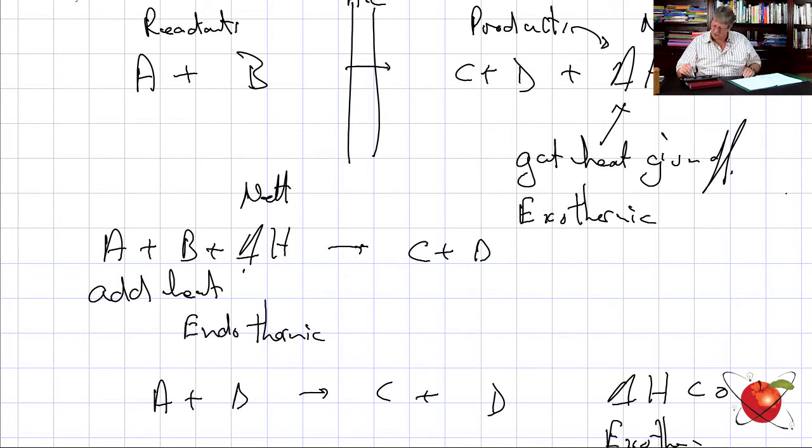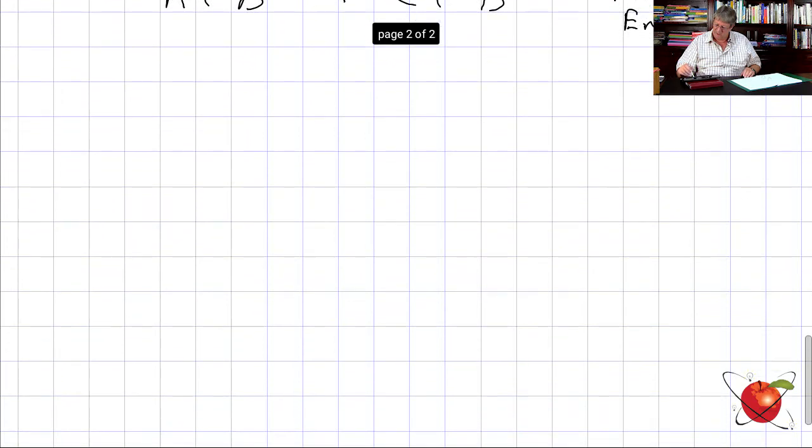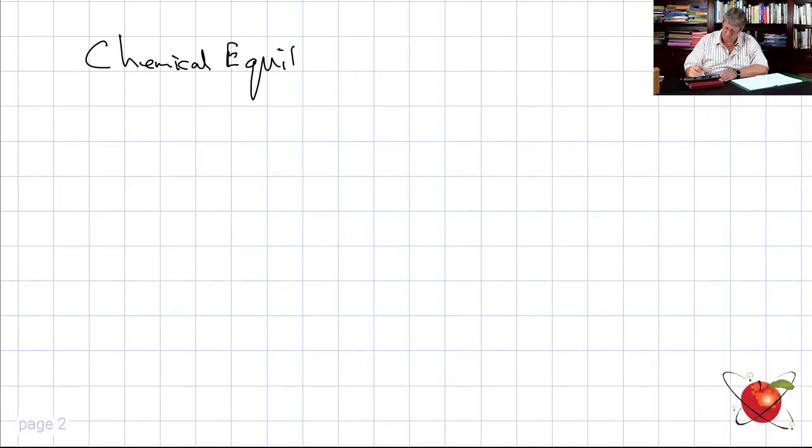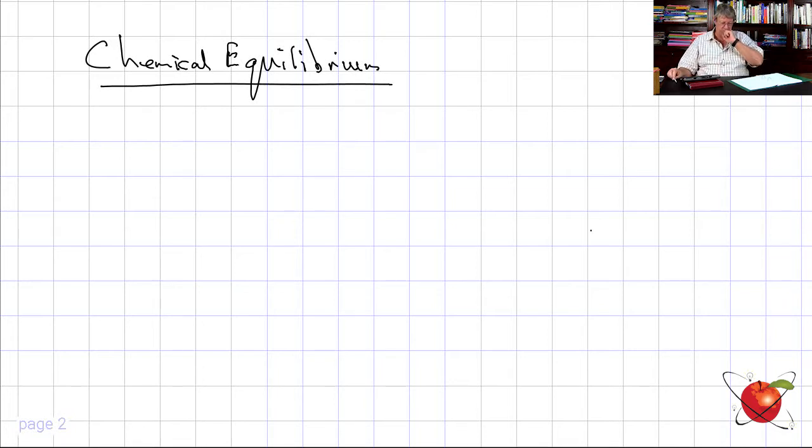Now, I want to introduce the term chemical equilibrium to you. All right? I want to introduce it, because this is quite a big section. Chemical equilibrium. All right?